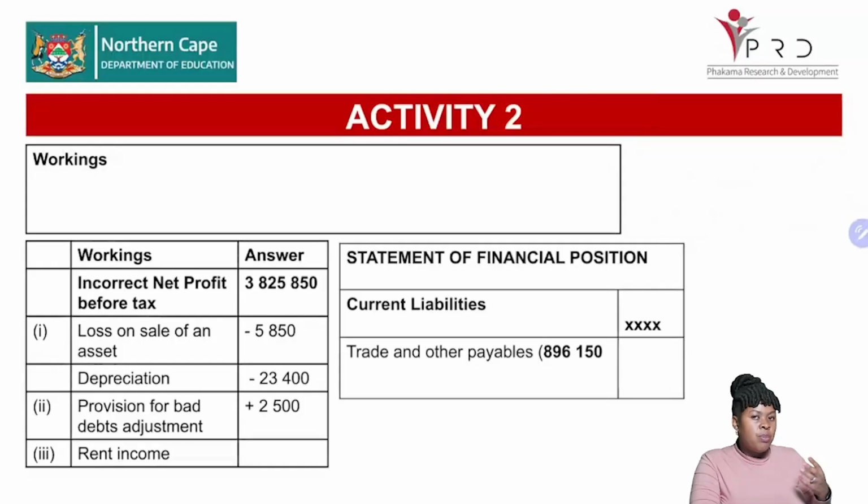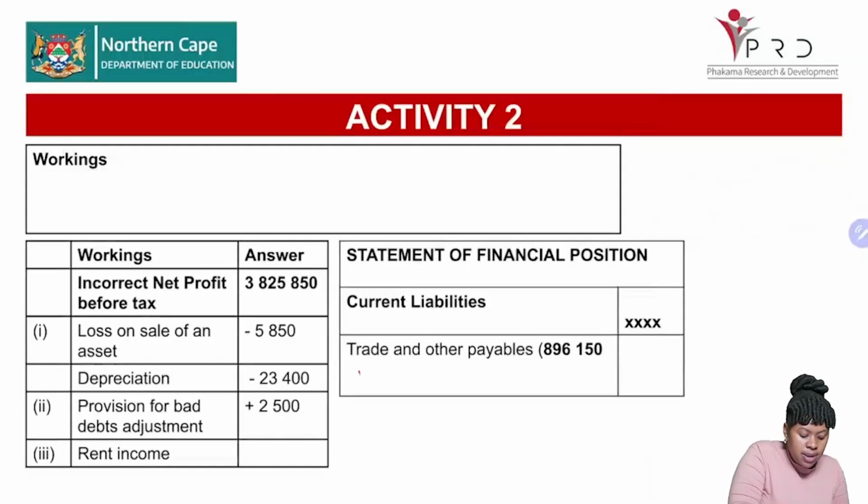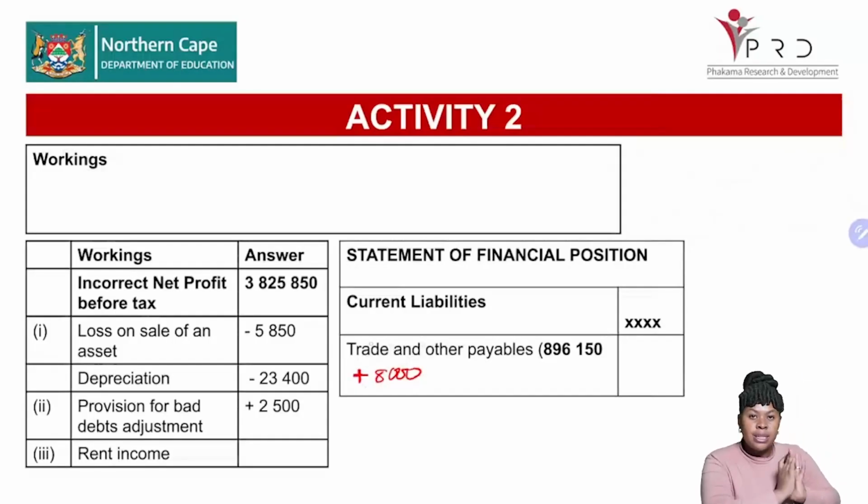So that means that the deposit then will go to our trade and other payables because that is the money that we have that actually belongs to the tenant. However, for the fact that it's a deposit, we then have to refund it. Okay. So then that means that it's going to add on to our trade and other payables. Now the deposit was 8,000. So this 8,000 is the deposit.